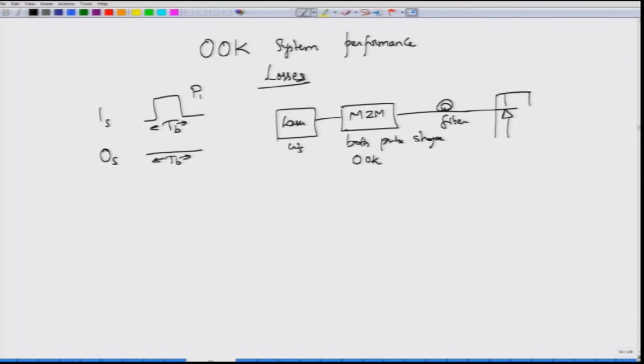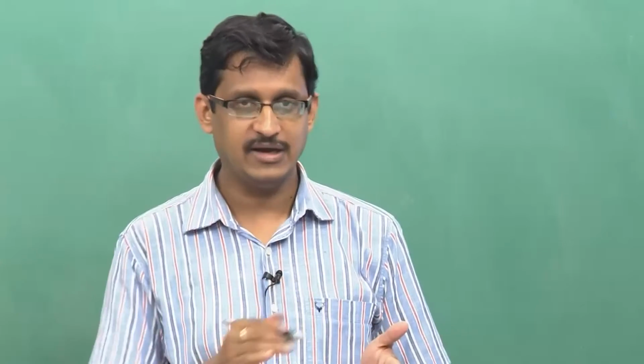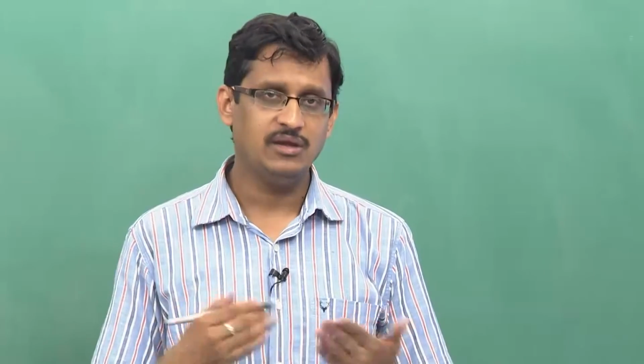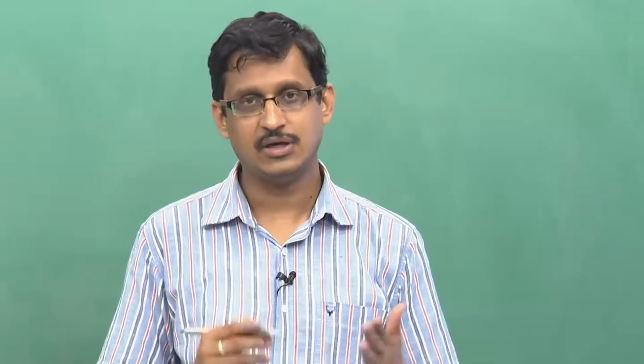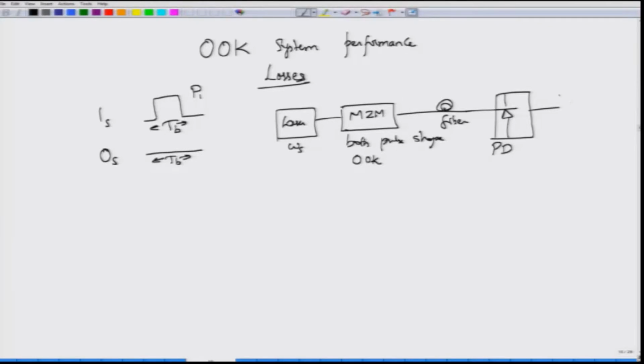Okay. The photodetector circuit is very simple, you just have to have a photodetector followed by either a load resistor in order to convert the current into voltage, or you can have a transimpedance amplifier which will convert this current into voltage, but in a very nice manner, in the sense that it will not load the circuit. Okay. So, you have a photodetector followed by a threshold device. Okay.